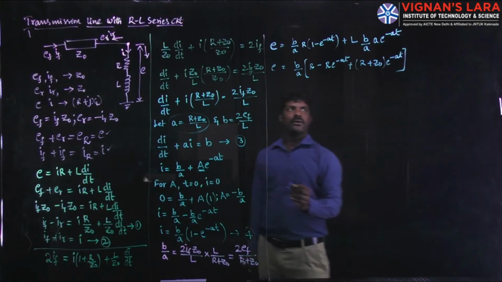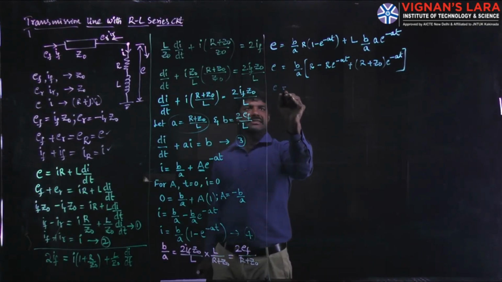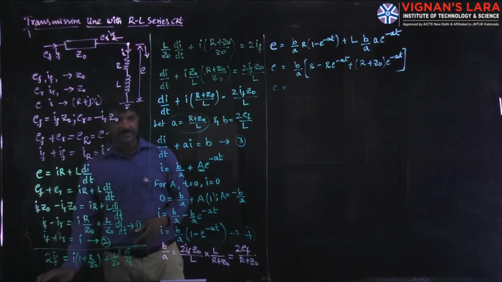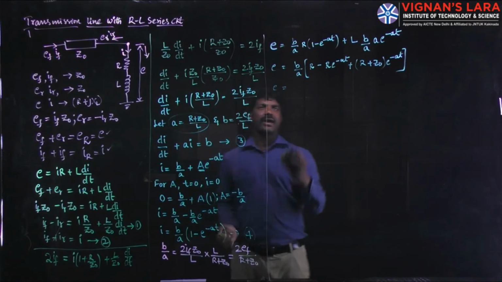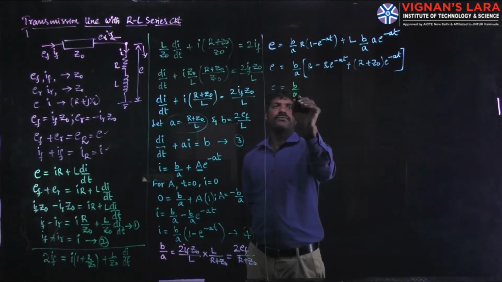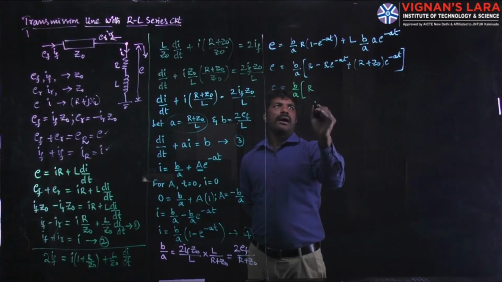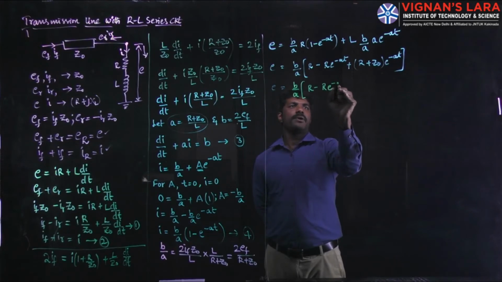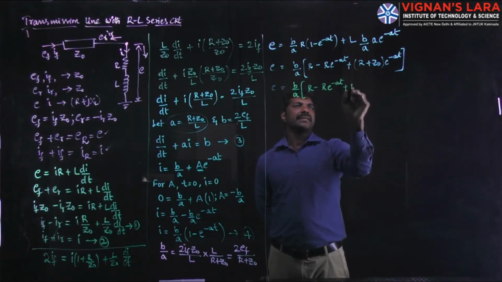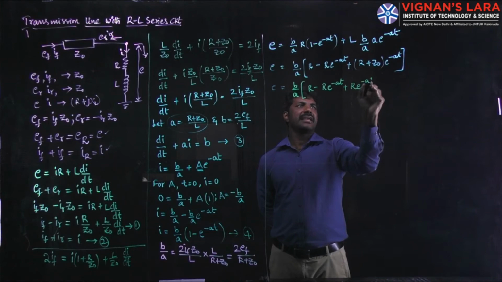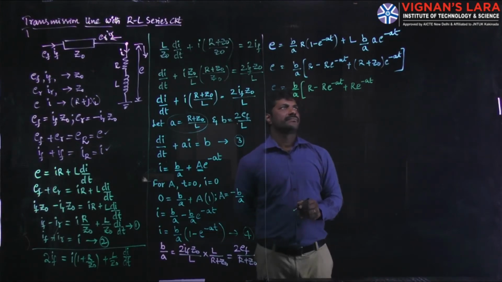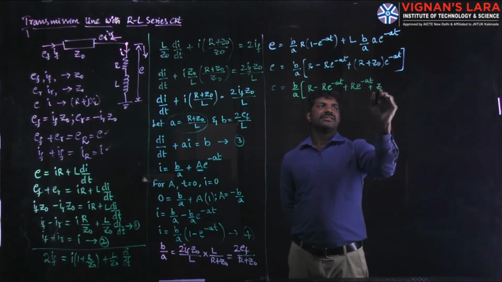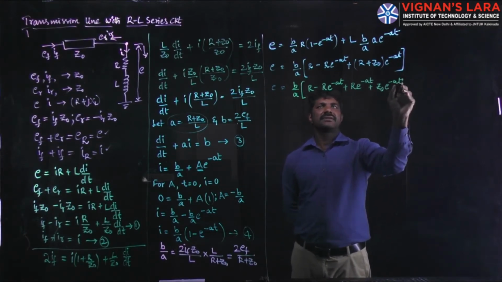Further, we can write this resultant voltage as B by A, taking it as common and simplifying, we get B by A of R minus R into e to the power minus AT plus R into e to the power minus AT plus Z naught e to the power minus AT.